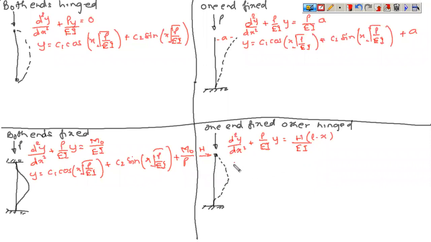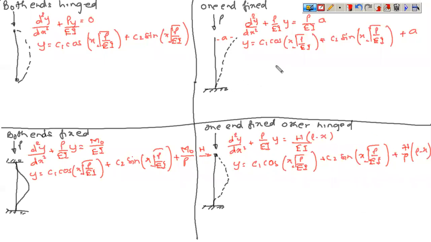So the final solution came out to be y is equal to c1 cos x under root P by EI plus c2 sin x under root P by EI plus H by P into L minus x.